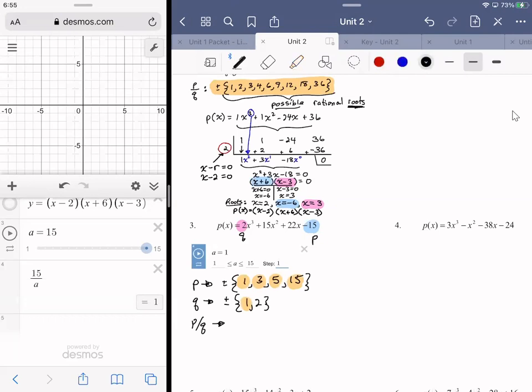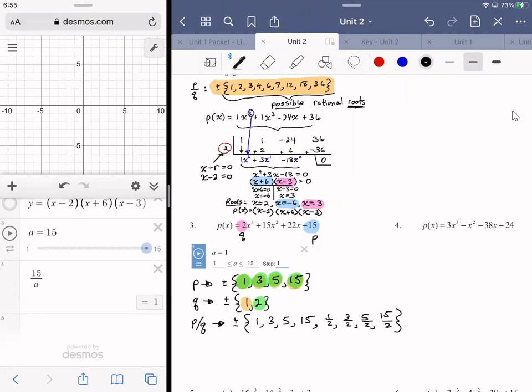All right. So I'll have my plus or minus, but I'm going to take 1, 3, 5, and 15 and divide each of them by 1. But then I'm going to take my 1, 3, 5, and 15 and divide each one of those by 2. So that's 1 half, 3 halves, 5 halves, 15 halves.